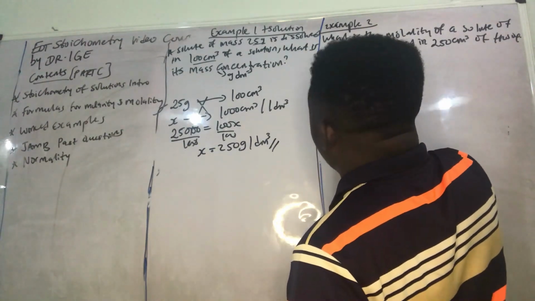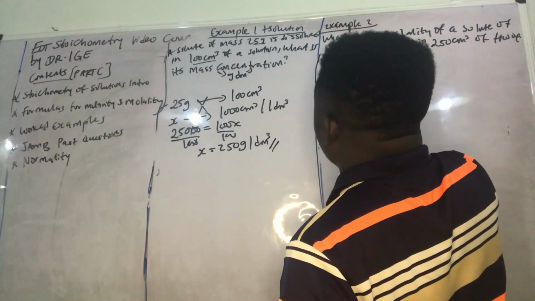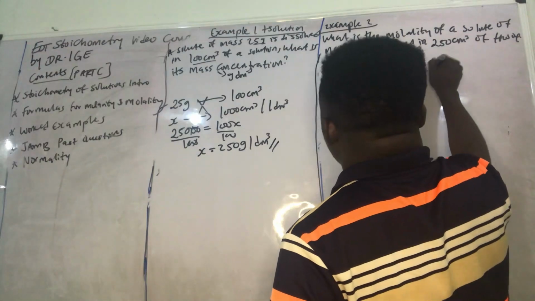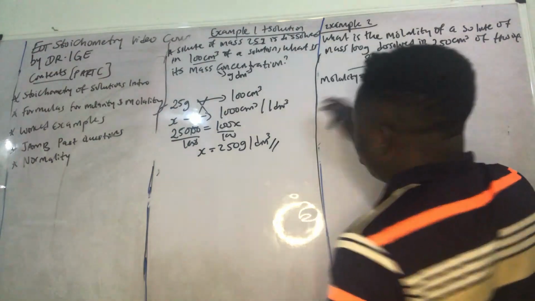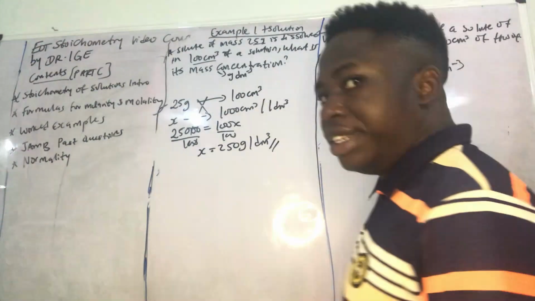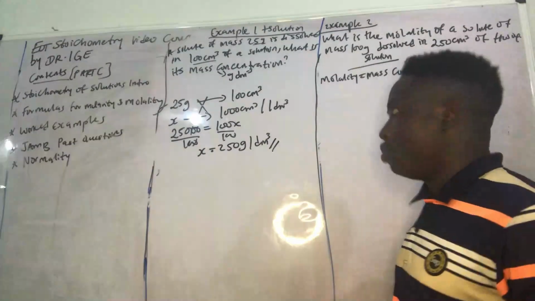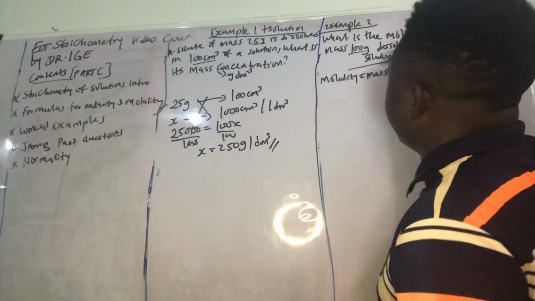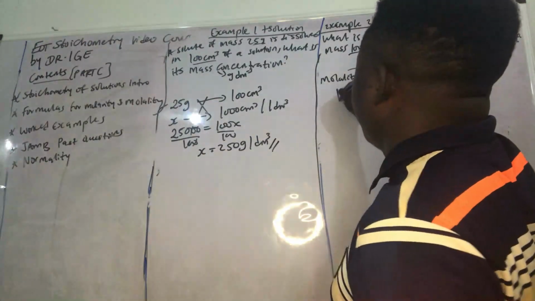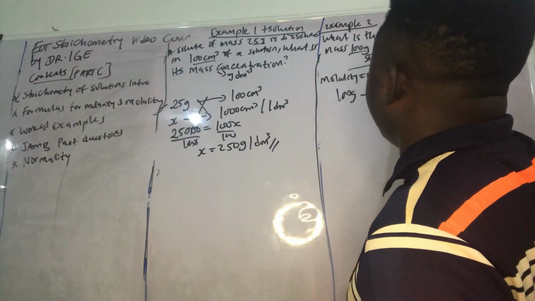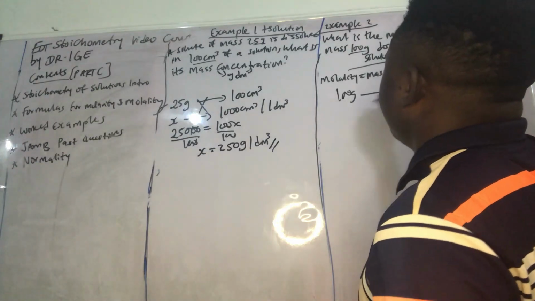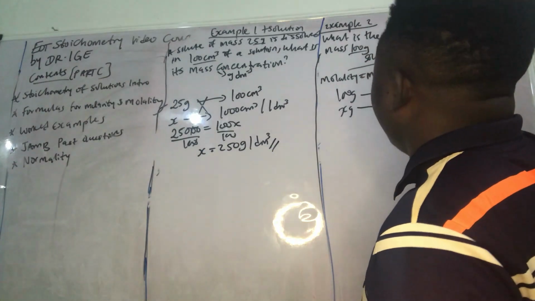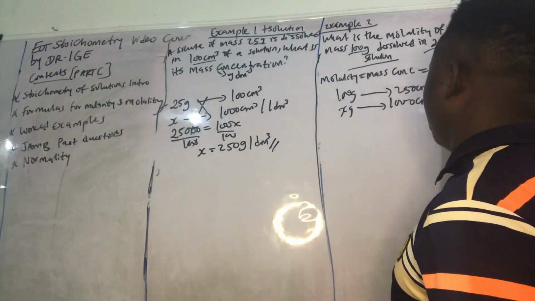Molality. Please take note that this is the mass concentration, that is, concentration in gram per dm3. So what I'm doing is not different from what you did here. The only difference is the English. They give us the mass, 100 grams dissolved in 250 cm3. You just say, if 100 grams dissolves in 250 cm3, then x grams will dissolve in 1000 cm3, which is 1 dm3.